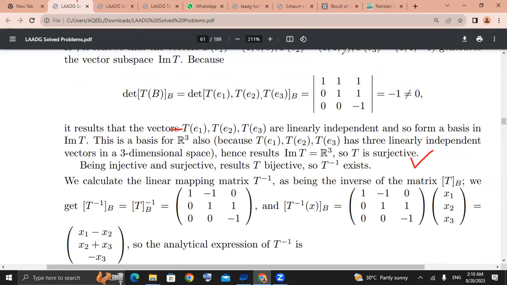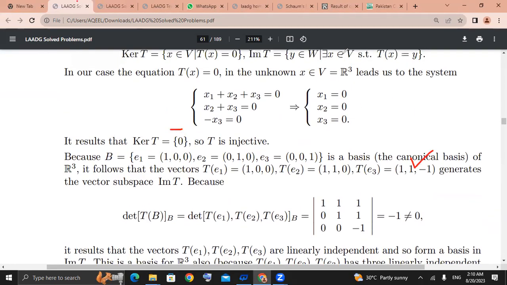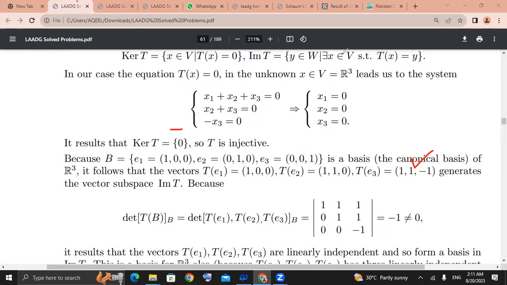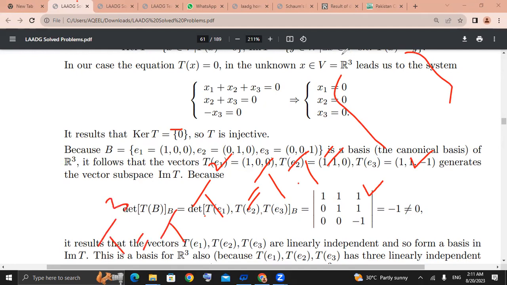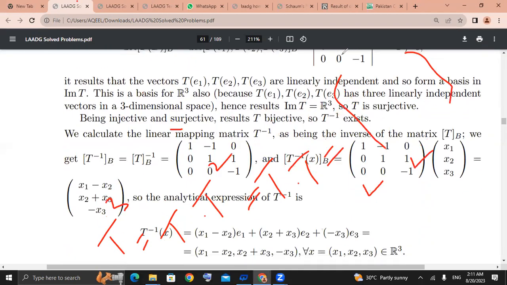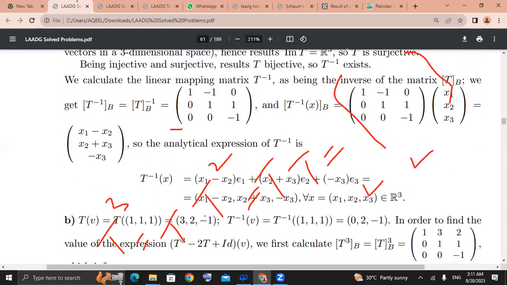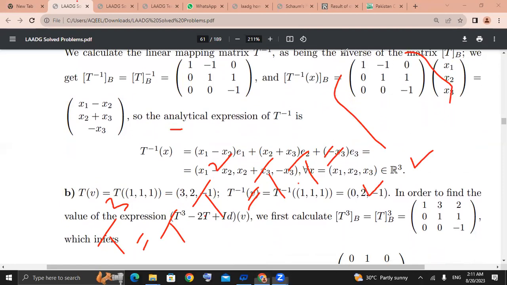As you have found this T, multiply T with T, you get T squared. Then you multiply T squared with T, you get T raised to power 3. Is it clear? Yes. So he does these calculations and gets T raised to power 3, this one.